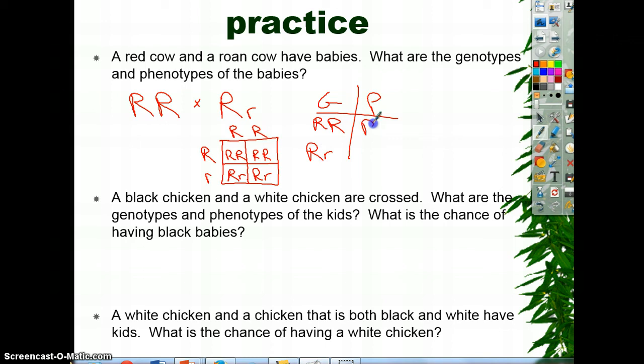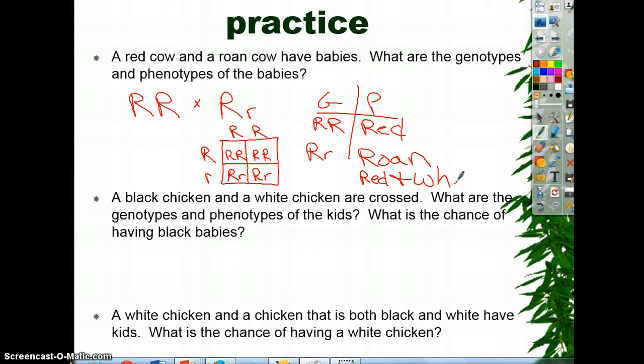Big R is red, just kind of like flowers, except this is codominance. Big R and little r would be roan, which is red and white fur.